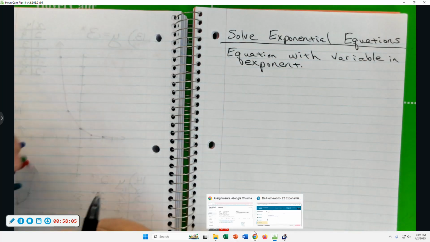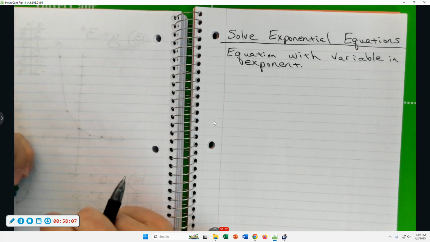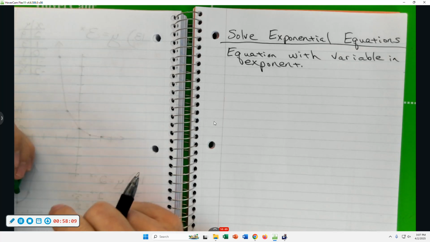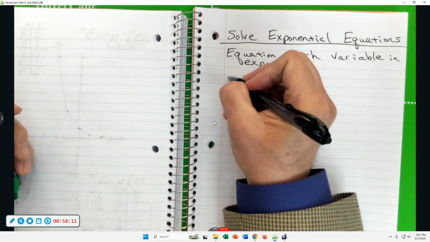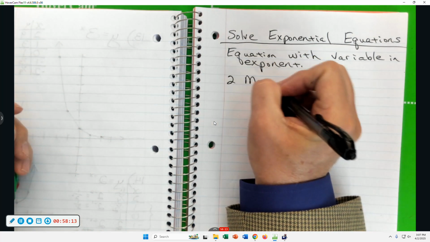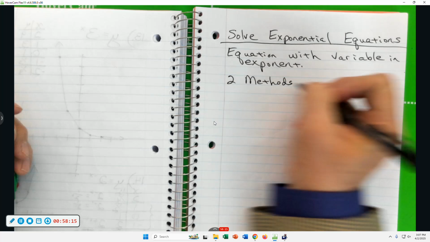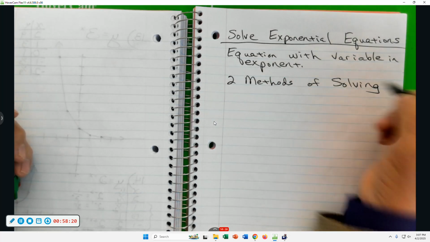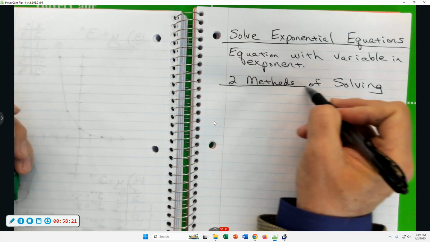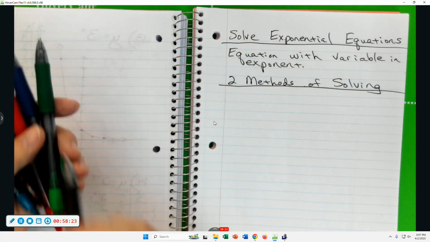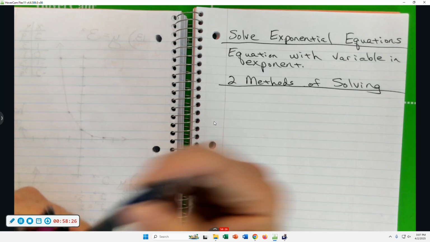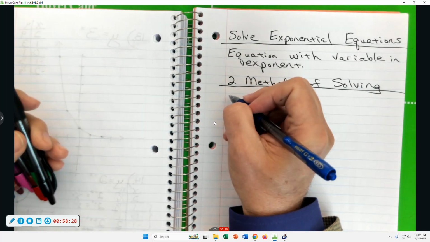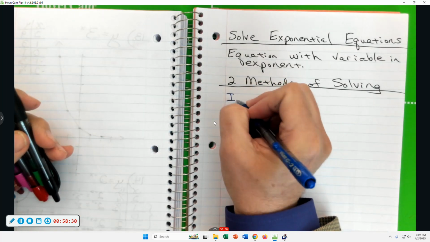There are 2 generally accepted methods of solving exponential equations. The first one, I think I'll Roman numeral these things. Roman numeral 1.